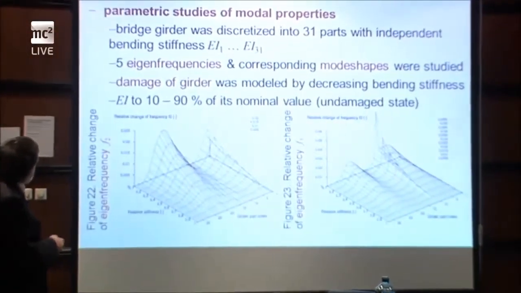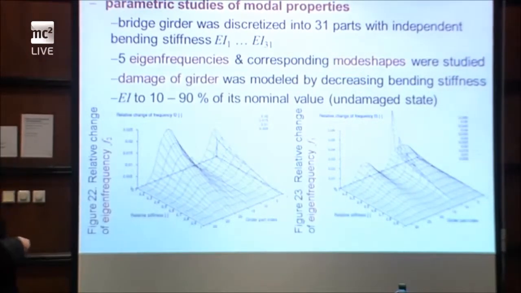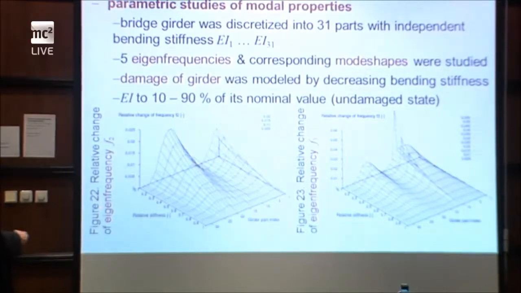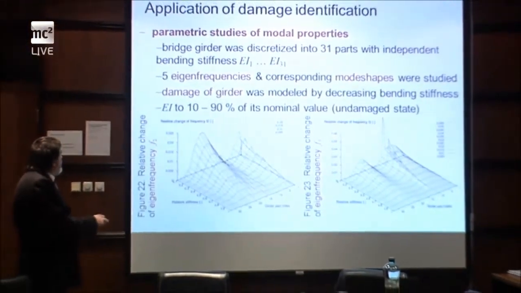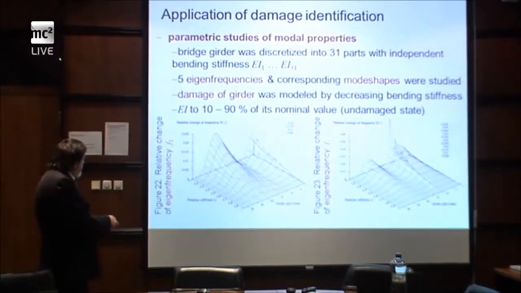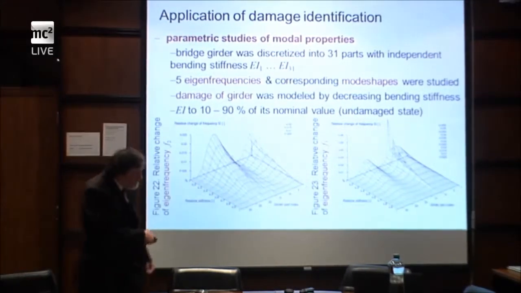And these pictures show a parametric study, the relative change of selected eigenfrequencies. Here are F2, F3, against girder part index and the relative stiffness of the girder.